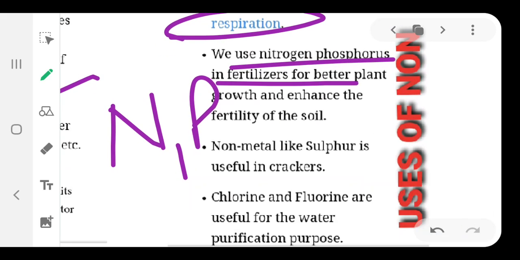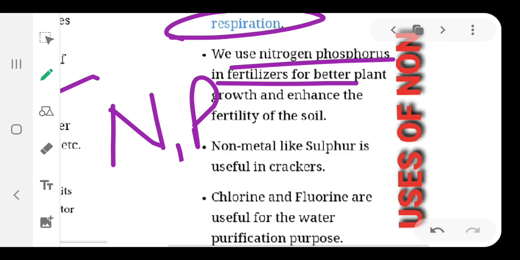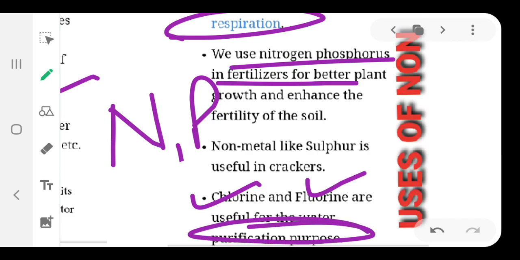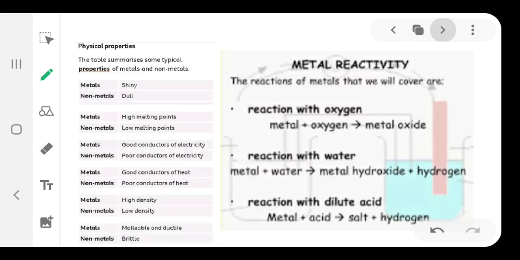Sulfur is used in the Deepavali celebration, in the making of firecrackers. Similarly, we use chlorine and fluorine for water purification. These are the applications of non-metals. They are well mentioned in your book, so please go through them properly.